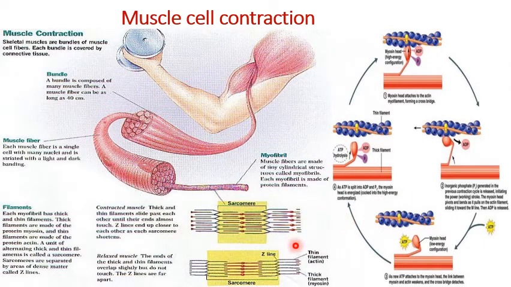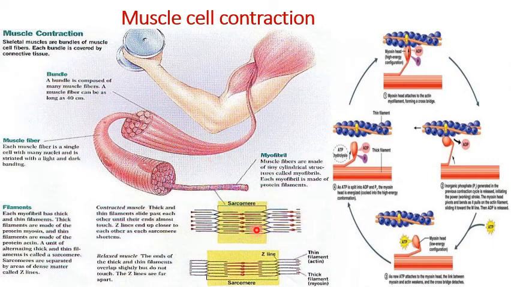What does this myosin do? See, myosin is a protein which forms the thick filament. It has a head which has the capacity to bind to the thin filament. The thin filament is made up of actin, as I said earlier. Before the myosin head binds, the motor nerves release calcium ions into the sarcoplasm, which is present inside the muscle cells.